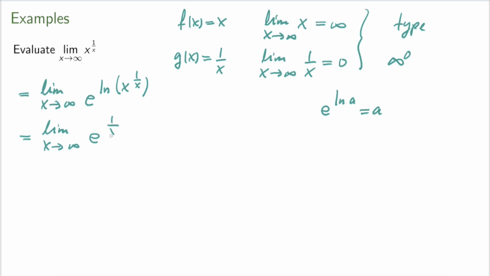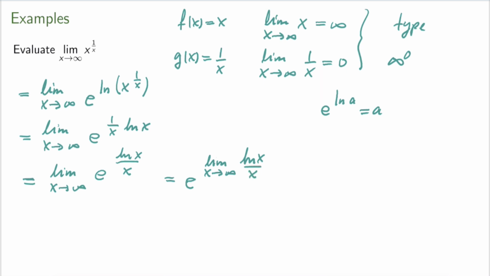So this is 1 over x ln x, which I then write to be a limit x goes to infinity e to the ln x divided by x. And now the limit is only in the exponent, so I can carry the limit into the exponent. So then we get e to the limit x to infinity log x divided by x.